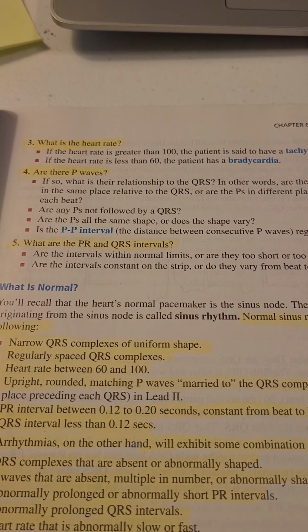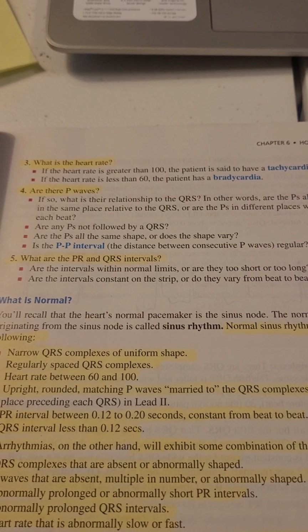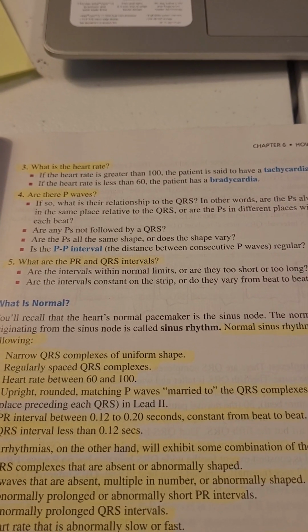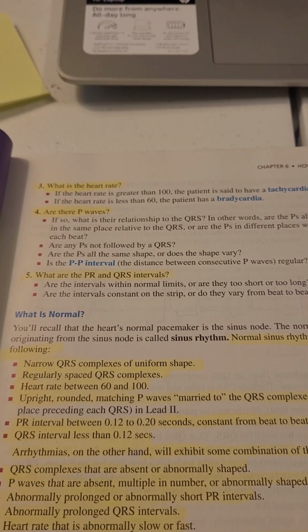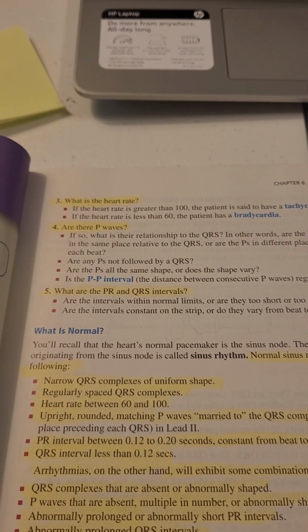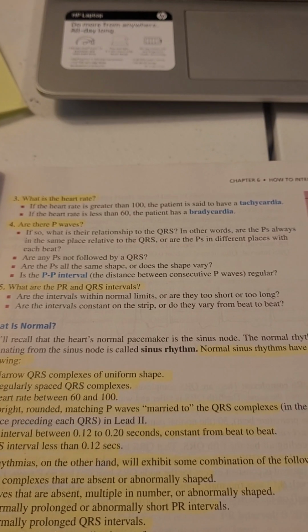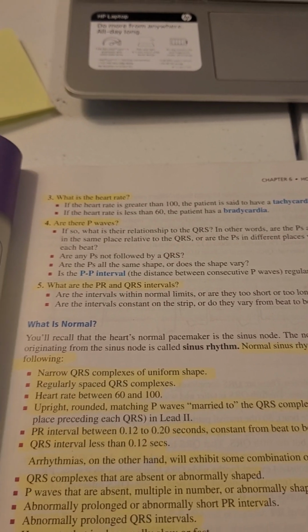Are any P's not followed by a QRS? Are the P waves all the same shape, or does the shape vary? Is the P to P, the distance between consecutive P waves, regular?